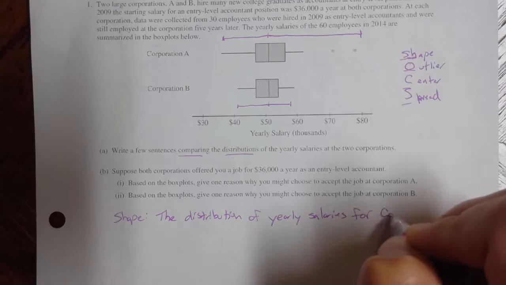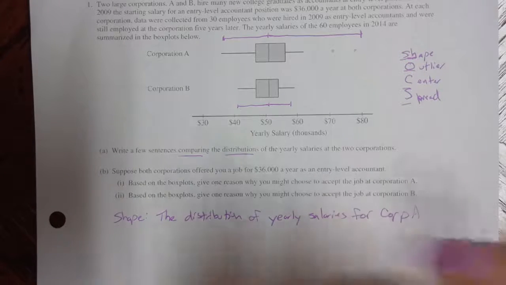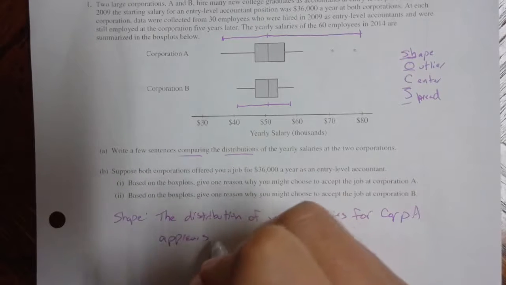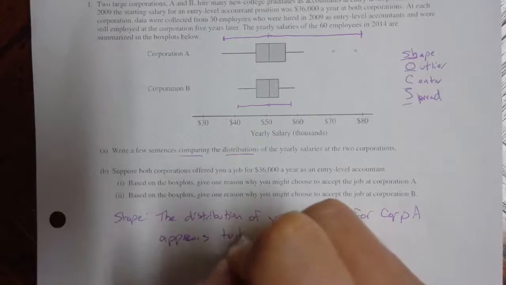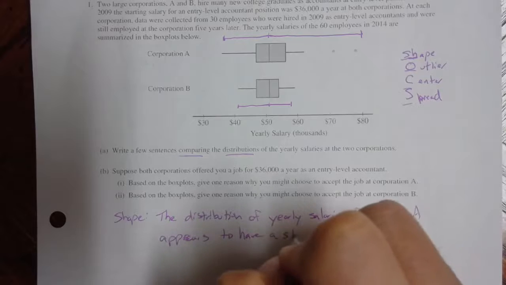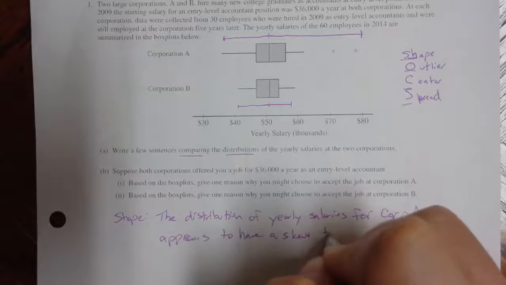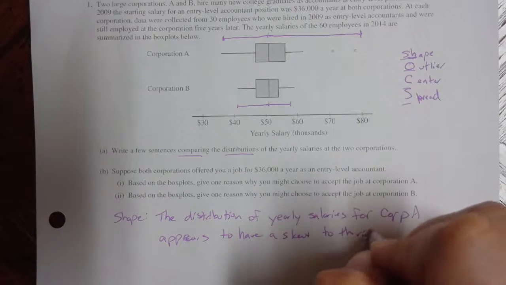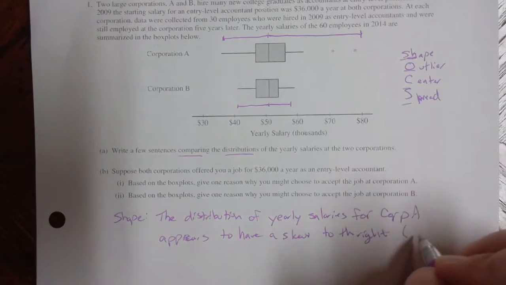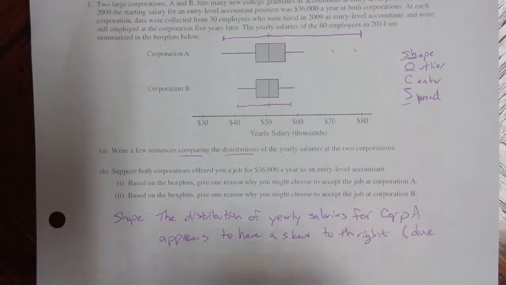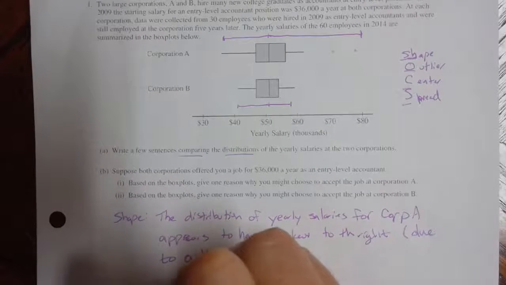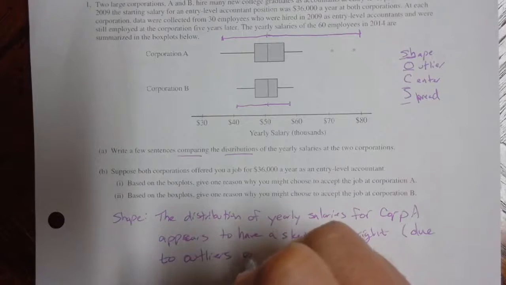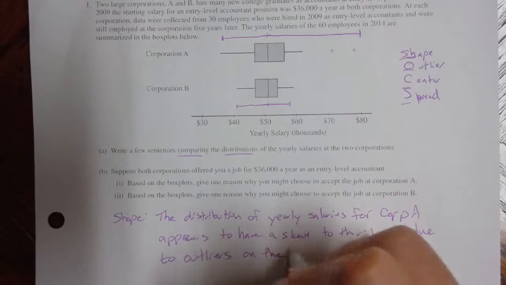Corporation A appears to have a slight skew to the right due to the outliers on the higher end.